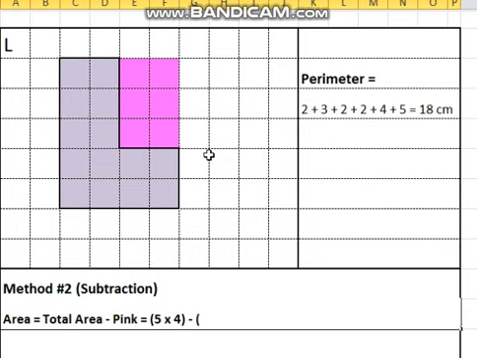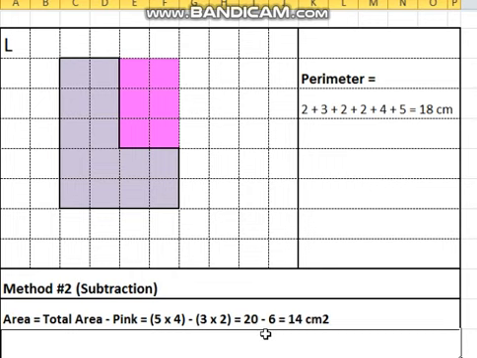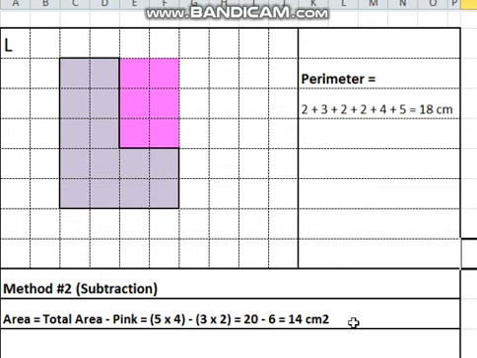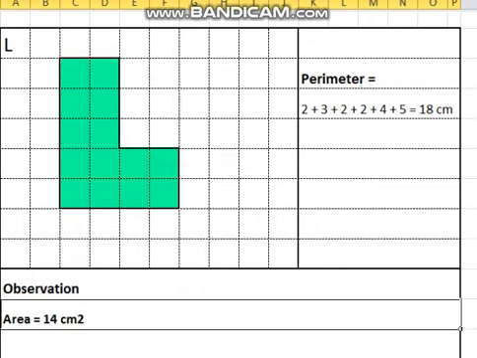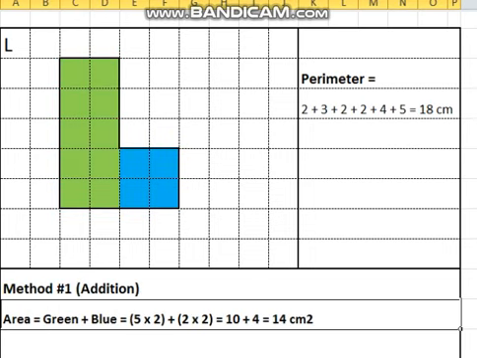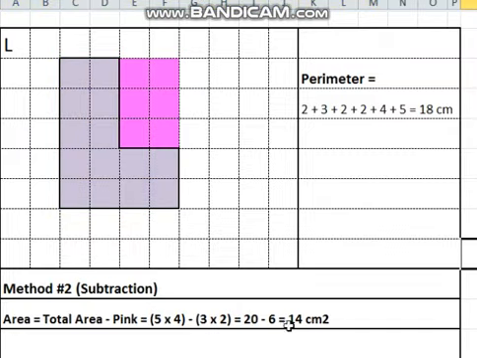So 3 times 2. Now 5 times 4 is 20, then minus 3 times 2 which is 6, and 20 minus 6 is 14 square centimeters. So you see the way. It is the same: either you do it by observation, 14, or by addition, still 14. If you do it by subtraction, it is 14.